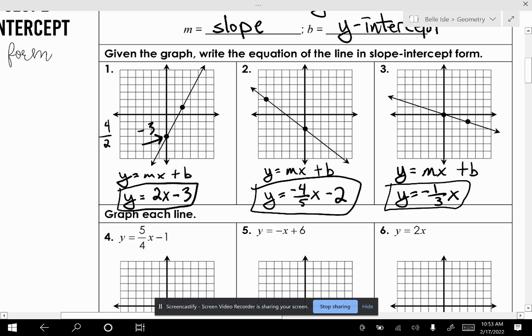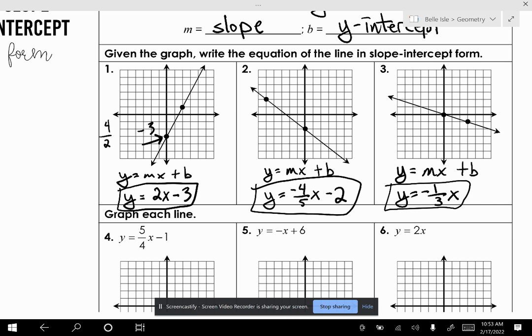Okay, as soon as you're ready 2 and 3 are up here for you to check. Well, I put +0. Is that okay?